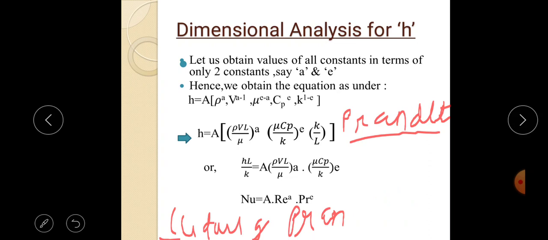And what is the definition of Prandtl number? Prandtl number is simply defined as the ratio of momentum diffusivity to thermal diffusivity.